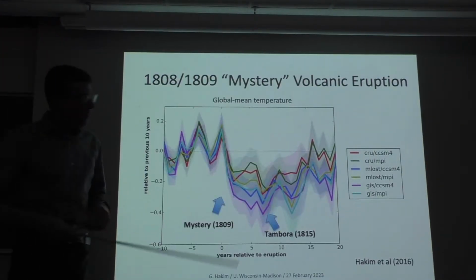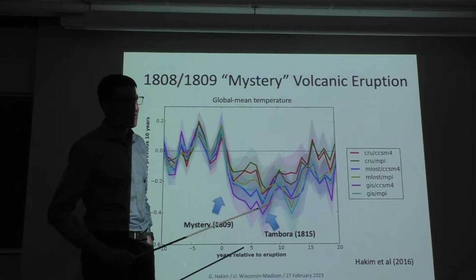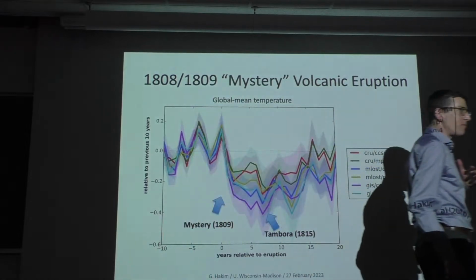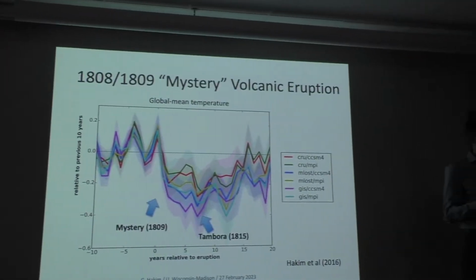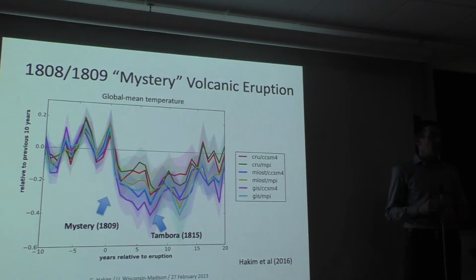In some of these composites that I've done, you can actually see cooling in the year before the volcanic eruption, because there is a little bit of blurring across the lines. We're not sure exactly which year it is, so plus or minus a year, I think, is fair. Even though most of these are reliably, absolutely dated to within that.